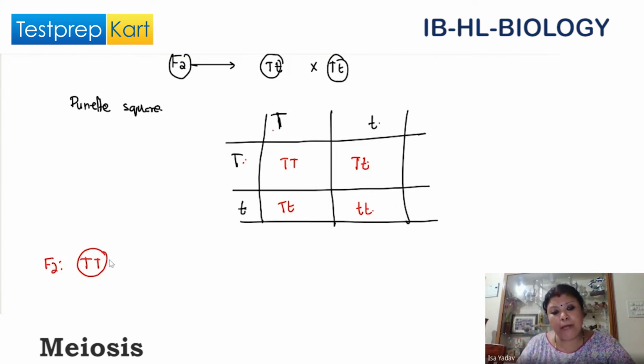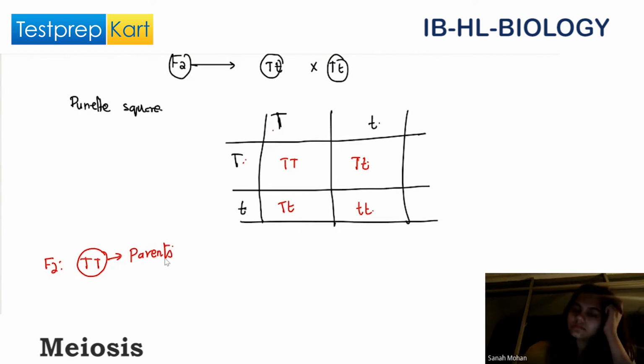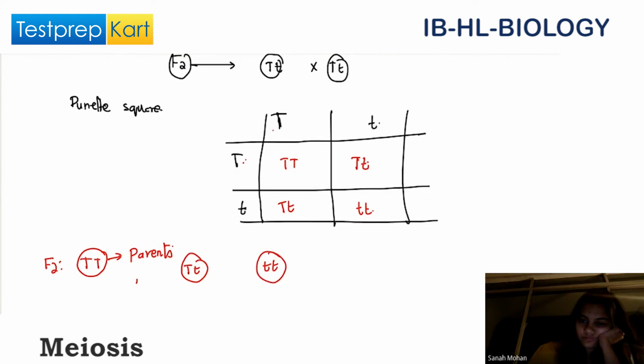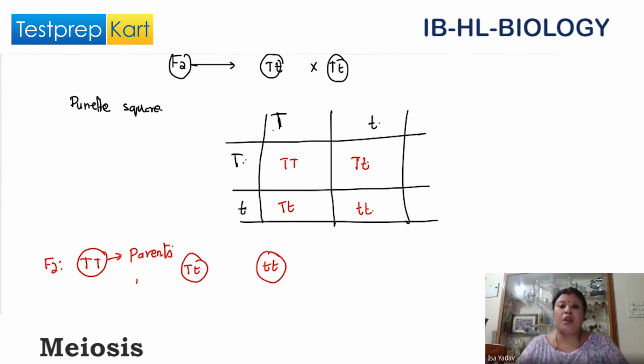And if you remember, this is also present in the parents. Capital letter T, small letter T, we have two. This is the hybrid. Small letter T, small letter T, homozygous.